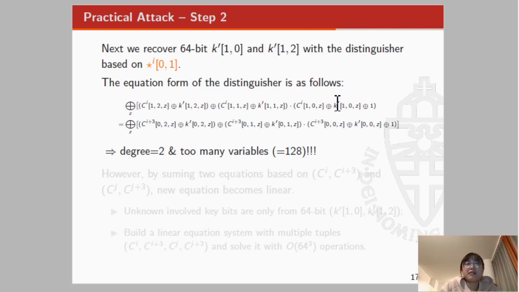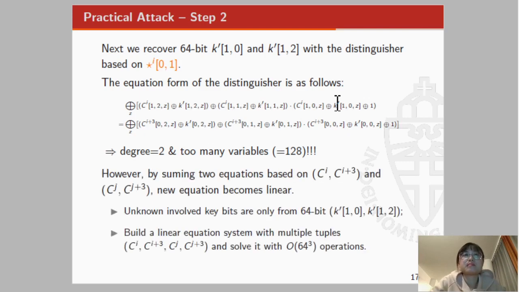With the same idea, we can recover another 64 k-bits based on the parity marked by the orange color. We can also build an equation system, but we found that each equation has the degree of 2 and is harder to solve the system than just a linear system.